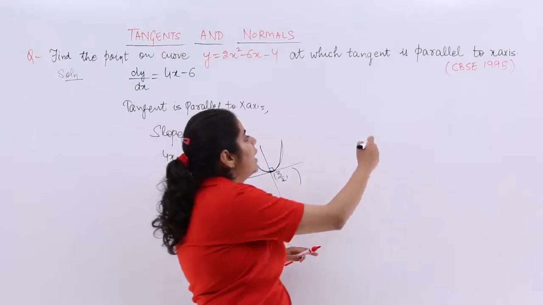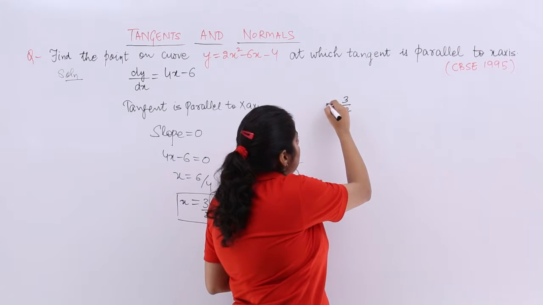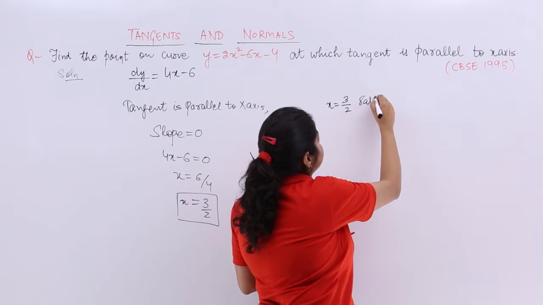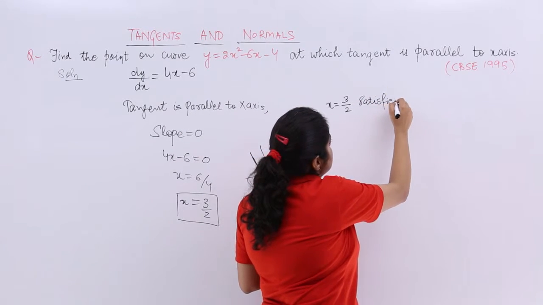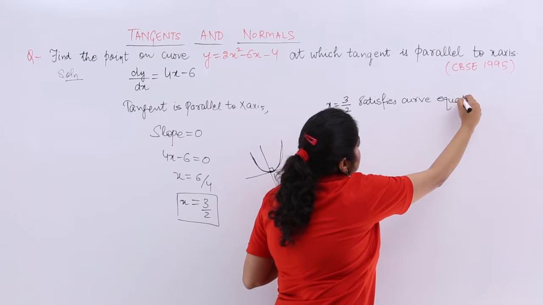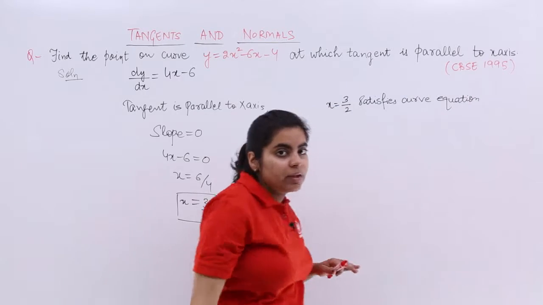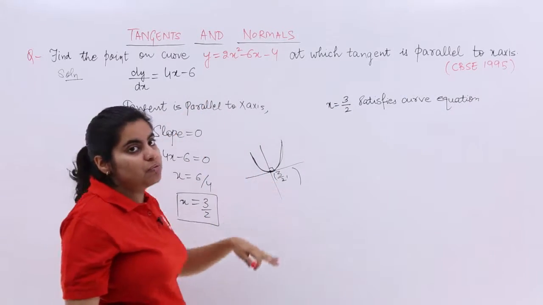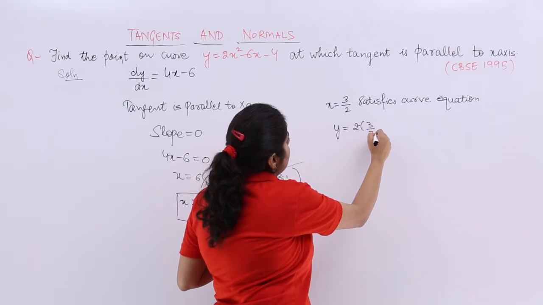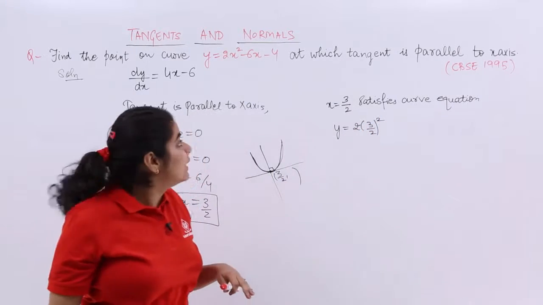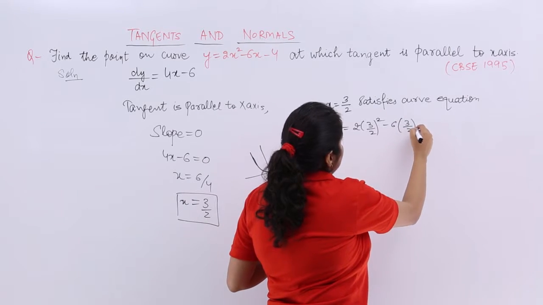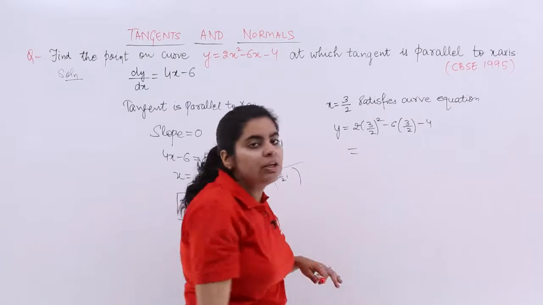We are going to say that x is equal to 3 by 2 satisfies the curve equation because it basically lies there only. So you have to just put the value: y is equal to 2 into x square minus 6 into x minus 4.